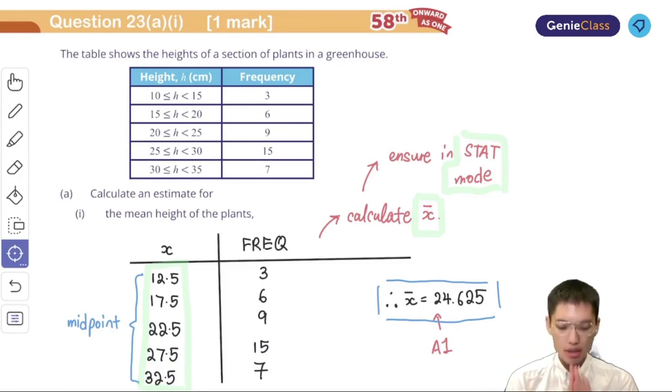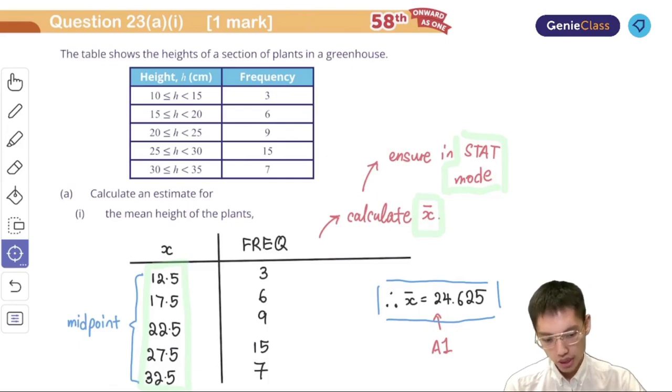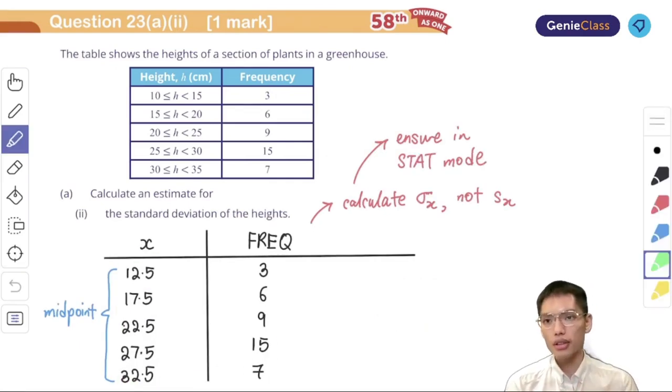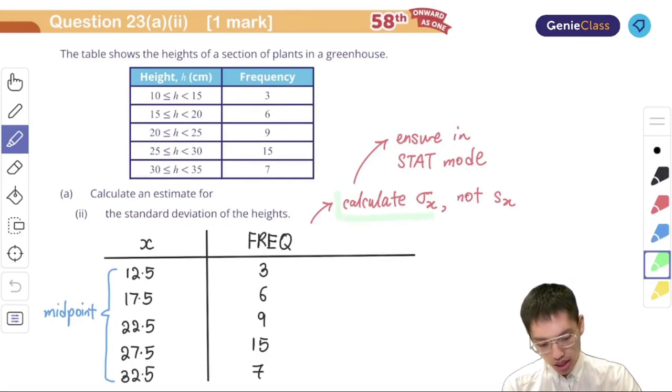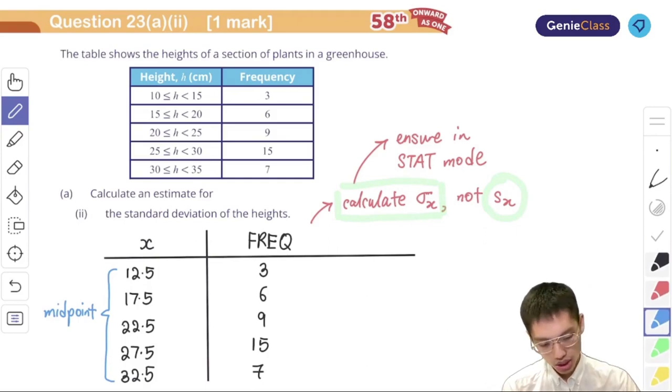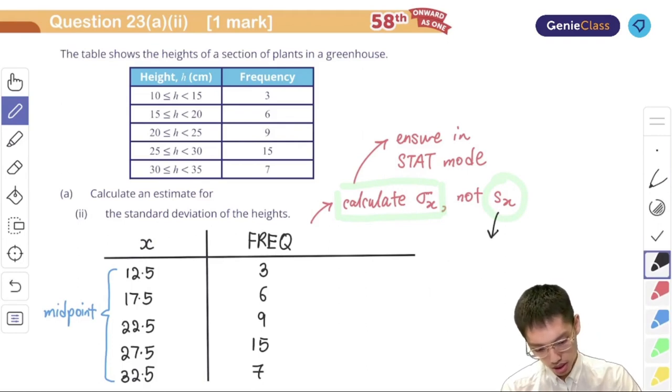If you know this particular notation, next we will go through standard deviation as well. Just take note, the key thing over here is that we are calculating sigma x, not sx. This one over here is not in your syllabus.